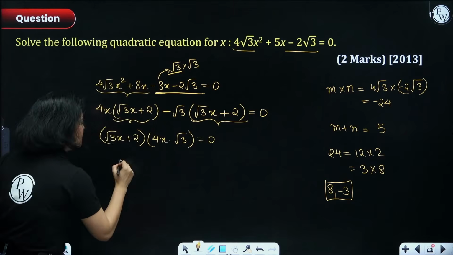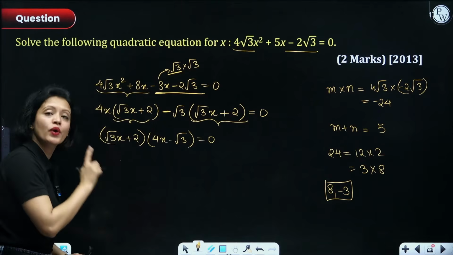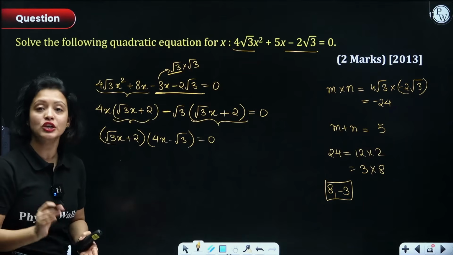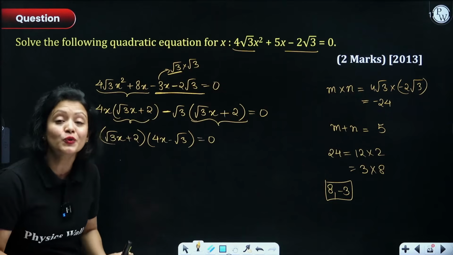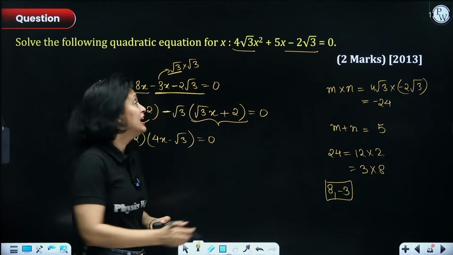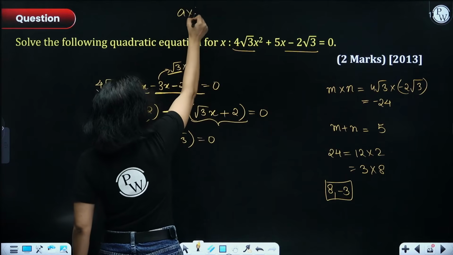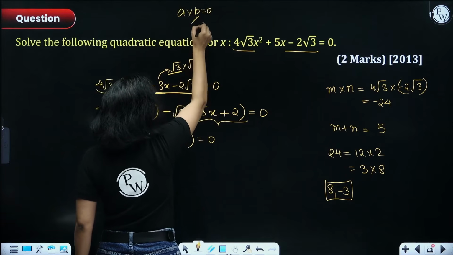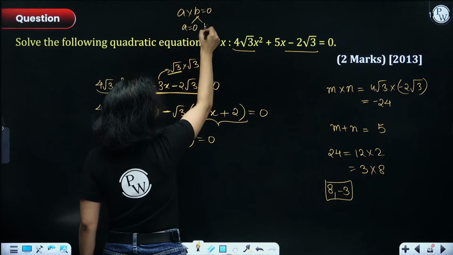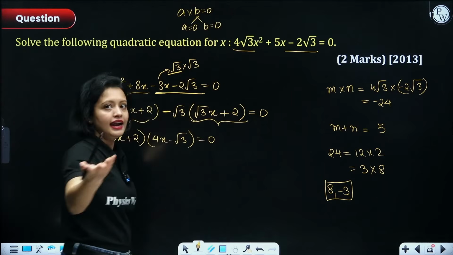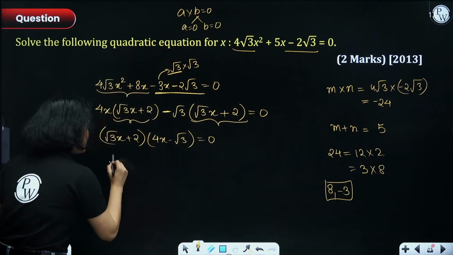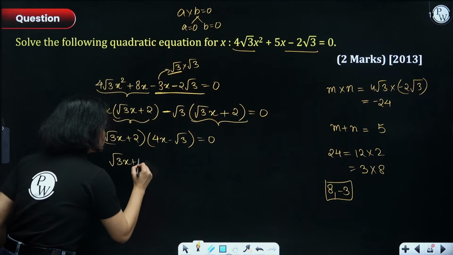Now from here, you will equate each of these to 0 individually. Why would you do that, guys? Because if a into b is equals to 0, then that simply means that a has to be 0 or b has to be 0. Right? So here also the same thing applies. Either root 3x plus 2 has to be 0.